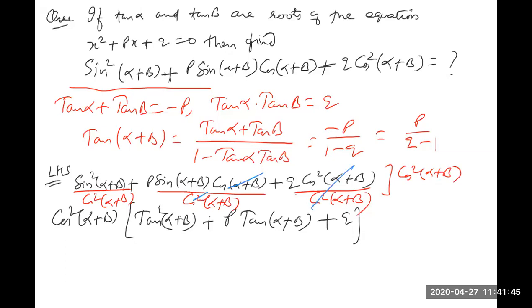Now put the value. This cos square is 1 upon sec square, and we know sec square theta is equal to 1 plus tan square theta.